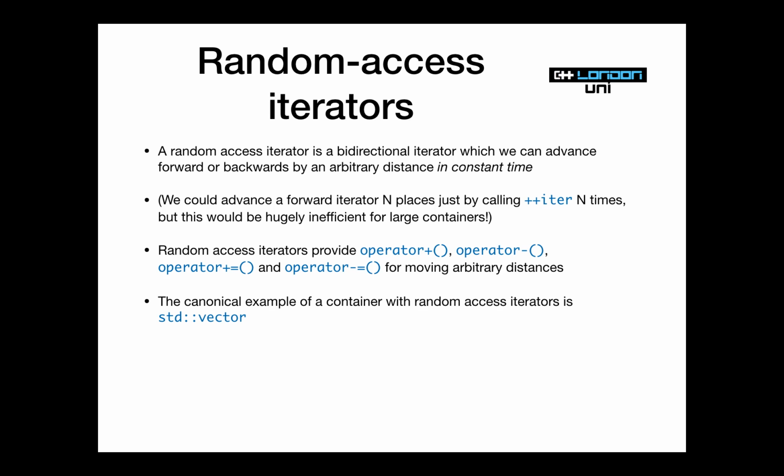Or don't, because you don't really need it. It's useful to know about these iterator categories as an end user, as a consumer of algorithms, because then you know which algorithms you can call for your containers.